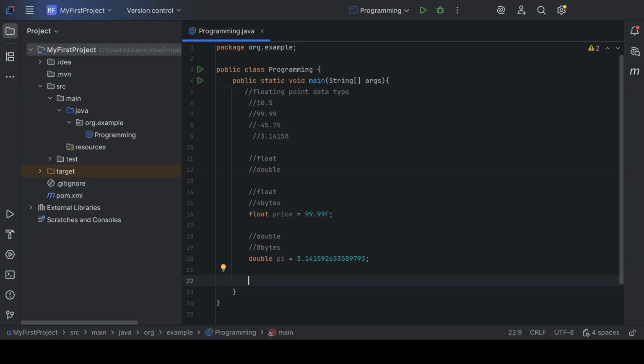So the question comes to mind, why use double more often? In Java, double is generally preferred over float since it provides greater precision, while modern computers can handle the additional memory efficiently.